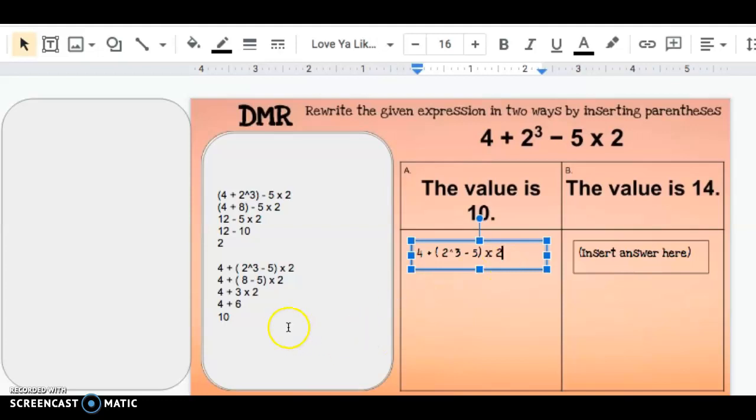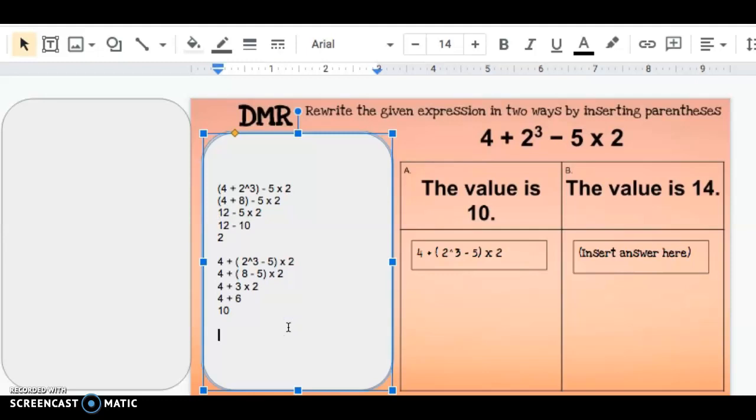That gives me 10. Now I've got to figure out how to get 14. So I'm going to put the parentheses on the 5 times 2 and see what I get. So I have 4 plus 2 to the third power minus parentheses 5 times 2.